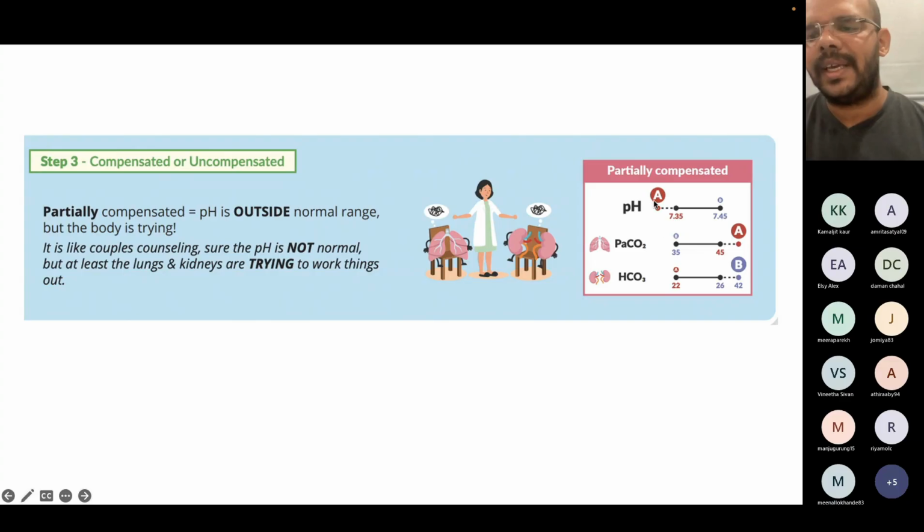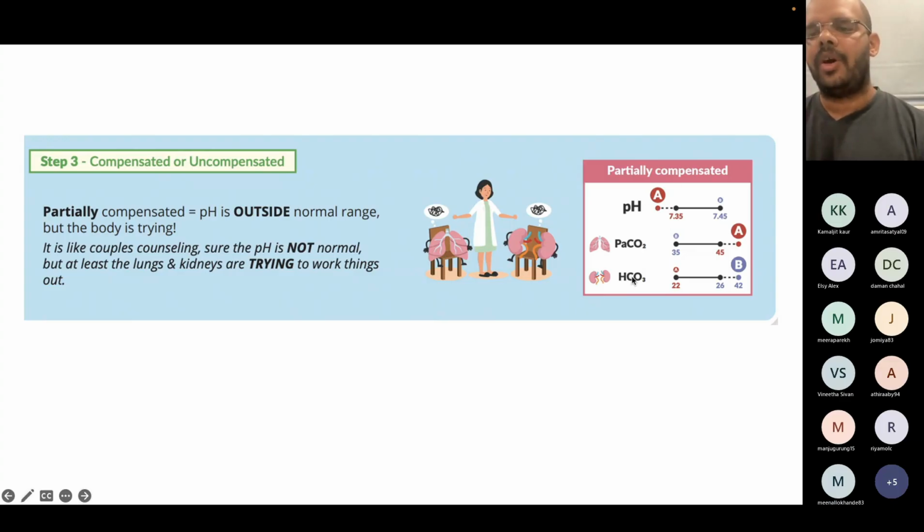Here the patient is acidic because of the PCO2, because the patient's lung is not working properly. All the carbon dioxide is getting collected in the blood, and because carbon dioxide collects, the pH drops, leading to acidosis.